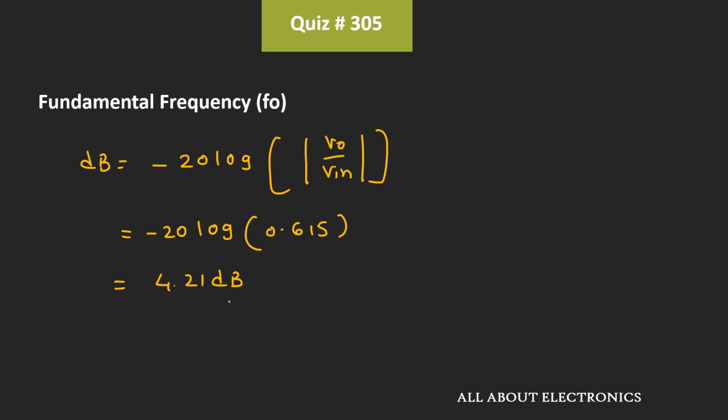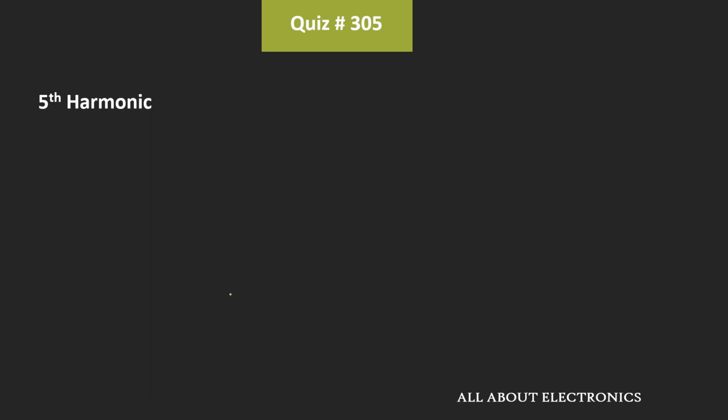Similarly, let us see the attenuation at the fifth harmonic. So at the fifth harmonic, this omega 5 is equal to 5 times omega naught. That is equal to 5 times 314.16. That is equal to 1.57 times 10 to the power 3 radian per second.